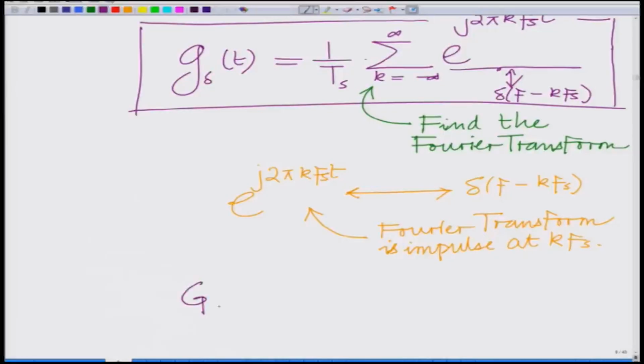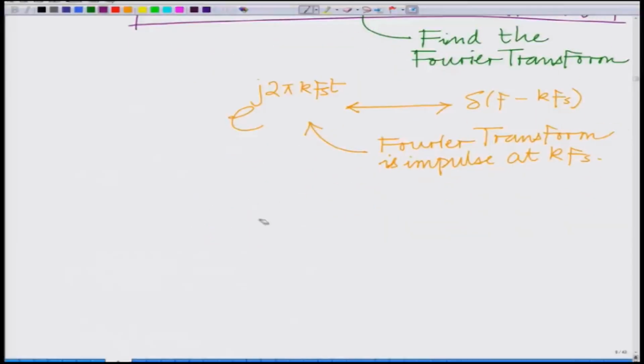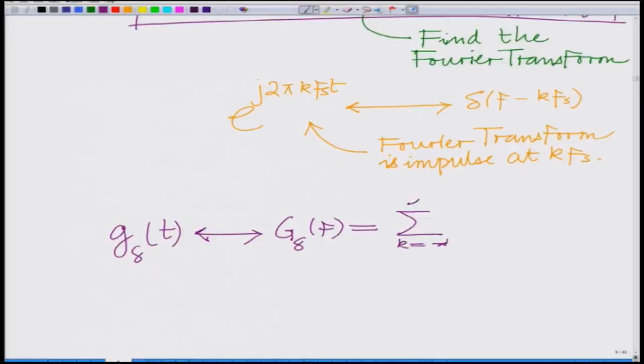Therefore, the Fourier transform G delta f, which is basically the Fourier transform of g delta t, is simply the summation k equal to minus infinity to infinity of 1 over T s times each e to the power of j 2 pi k f s t, which has a spectrum delta f minus k f s.